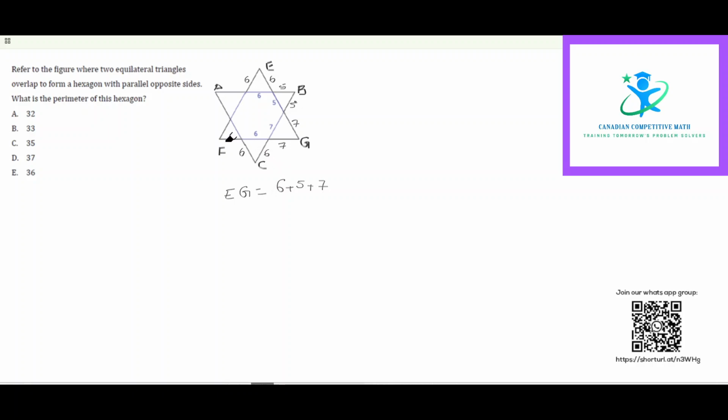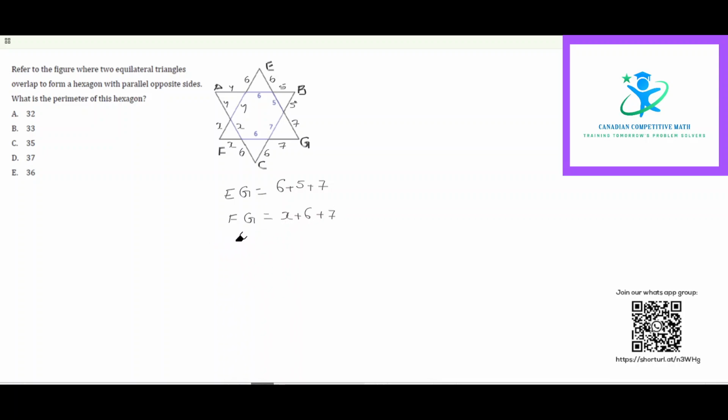Right. So EG will be equal to FG. FG is, again, if we take this as X, this will be X, and this will be X. This is Y, this will be Y, this will be Y. So FG will be equal to X plus 6 plus 7.